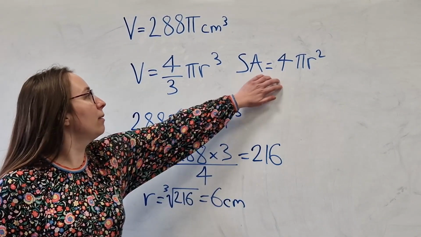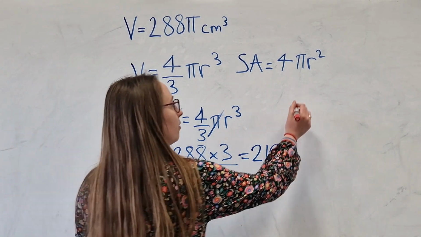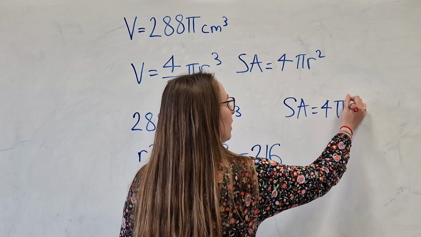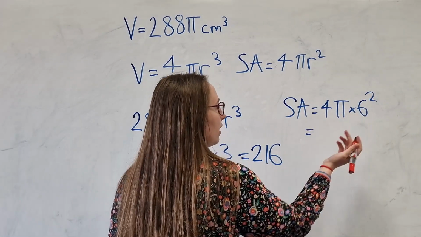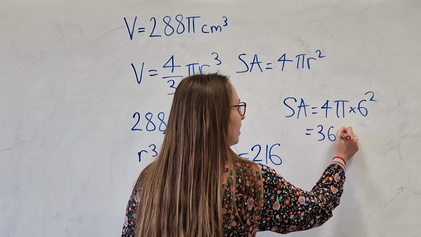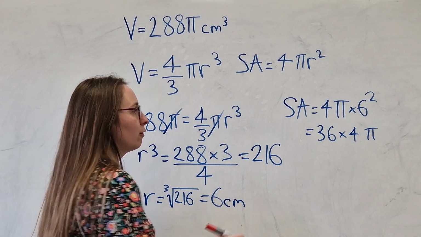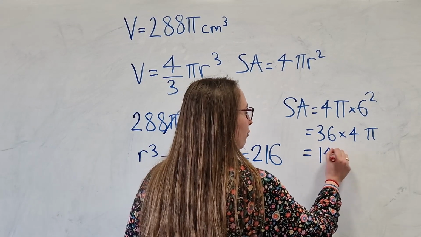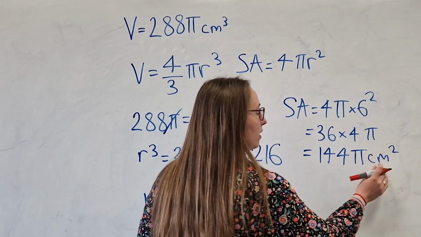And now all we have to do is plug that into our surface area formula. So the surface area is going to equal 4 pi times 6 squared. So 6 squared is 36, so 36 times 4 pi. 36 times 4 is 120 plus 24, so that's 144 pi centimetres squared, because it's an area.